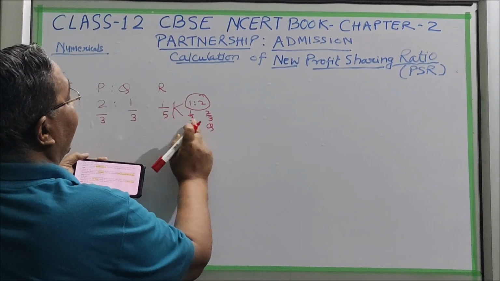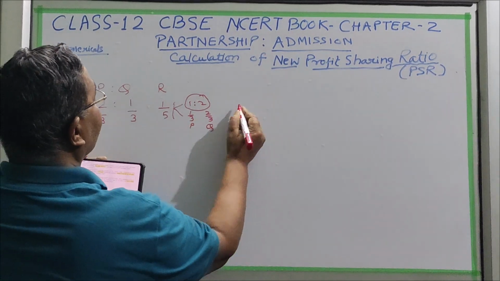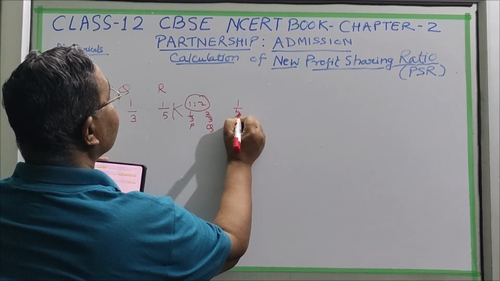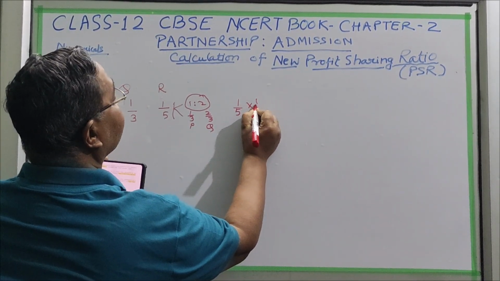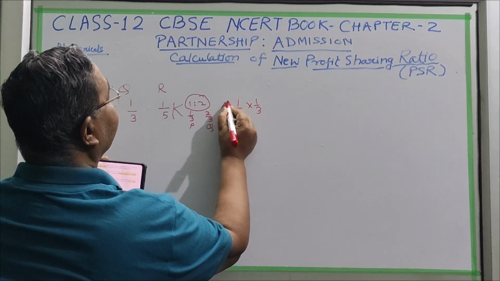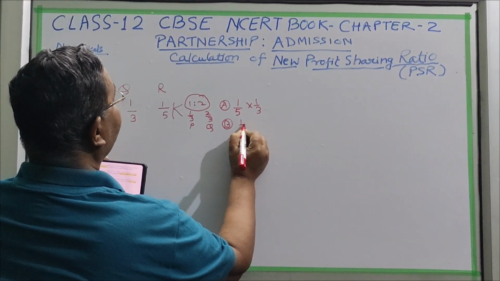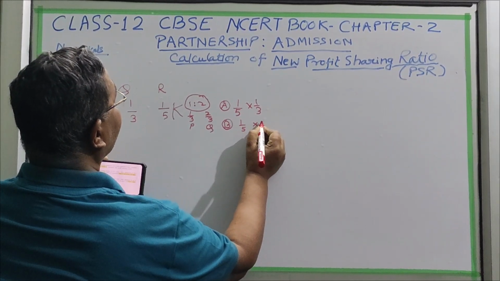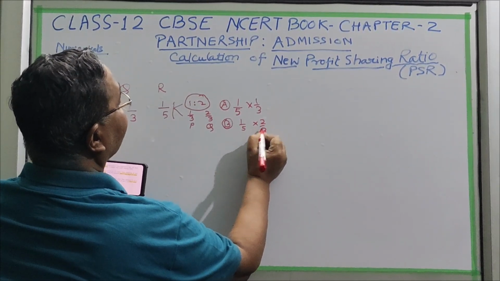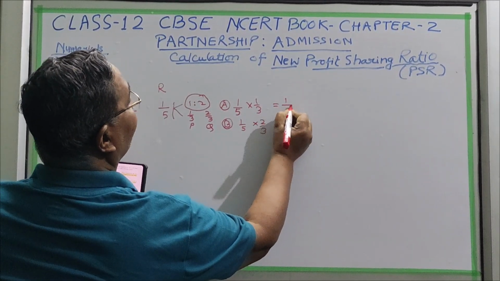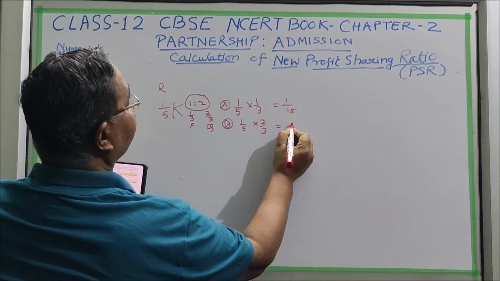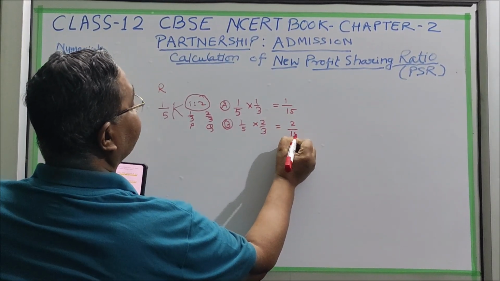So 1 upon 5 we will divide in it. 1 upon 5 into 1 by 3, P will give, and Q will give 1 upon 5 into 2 by 3. So P will give 1 upon 15 and Q will give 2 upon 15.